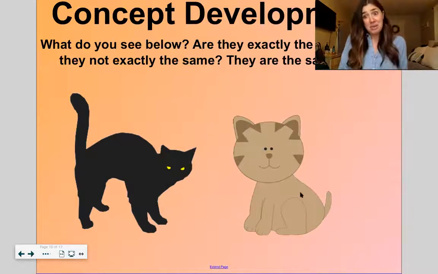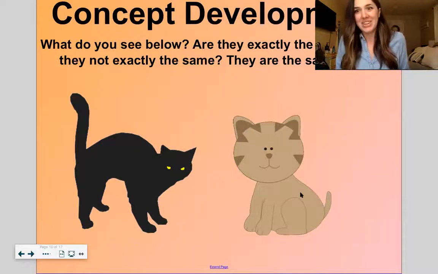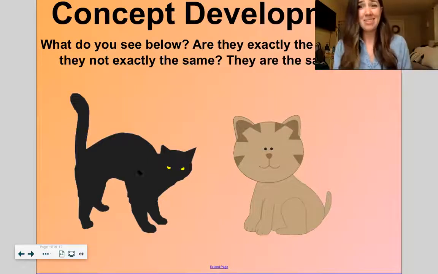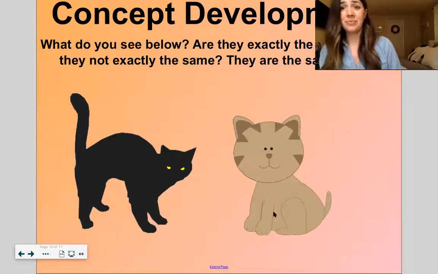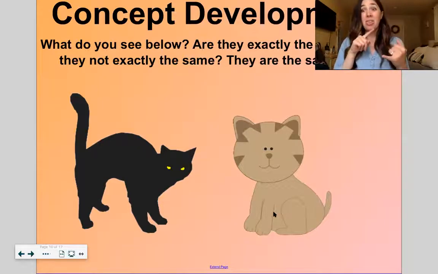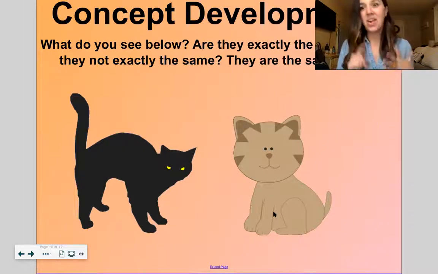And this looks like a very friendly cat with brown or tannish skin, fur, I should say. So they are the same because they're both cats. But this one's black and this one's tan. So they're different colors. So we're comparing the way things are used, we're comparing their colors, we're comparing lots of different attributes.